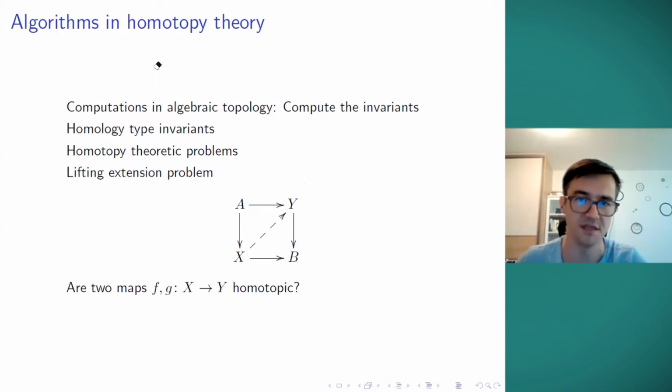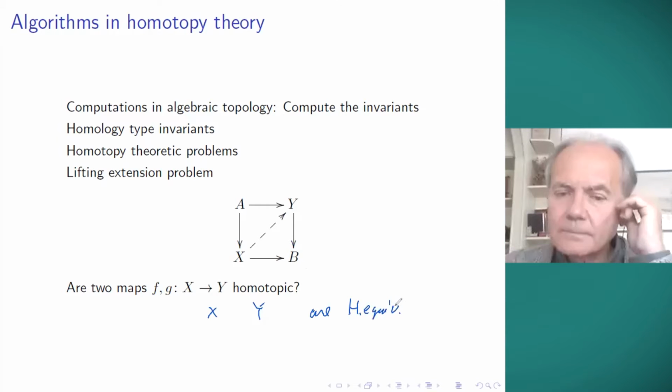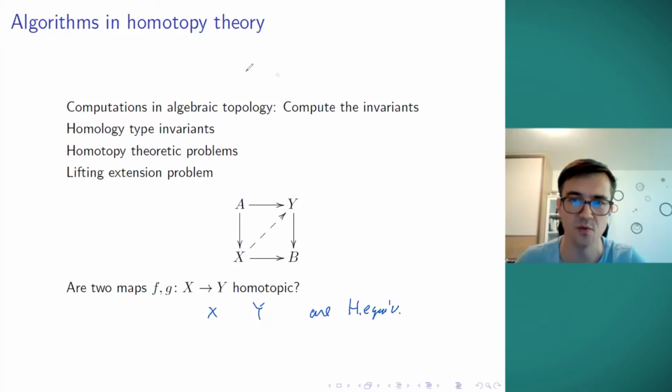Or indeed, another type of question like this is if X and Y are homotopy equivalent. So these are, I would say, wide, hard questions and haven't really been in the mainstream of algebraic topology that much. That's why you don't really hear about them, but some things are known about this, okay?